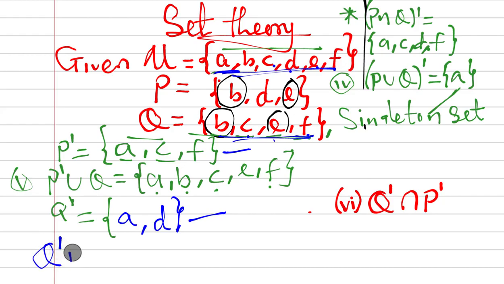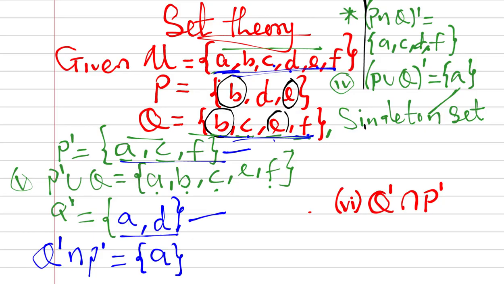What would that be? Elements that are here and also here. Only A. And what's the other name for this type of set? A singleton set.